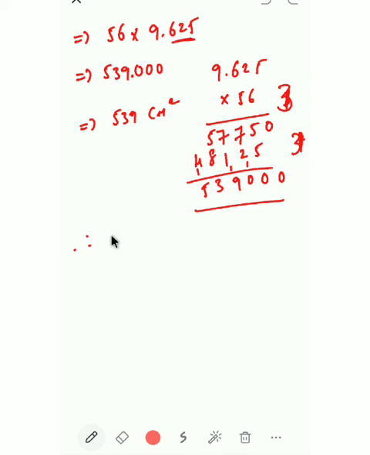Therefore the area of 56 buttons is 539 centimeter square.